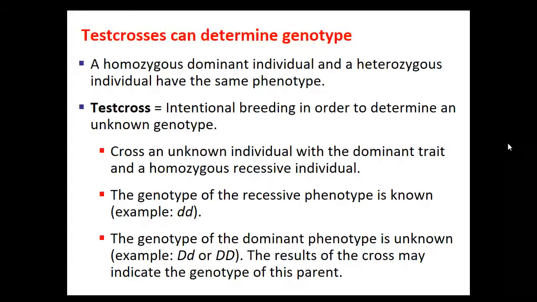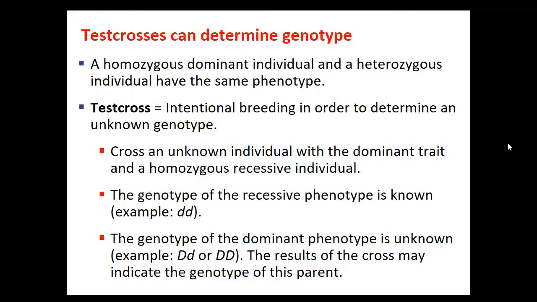It would be possible for these two parents to have 20 kids that are all big B. So, let's do the Punnett square for that. Big B, little b, little b, little b.